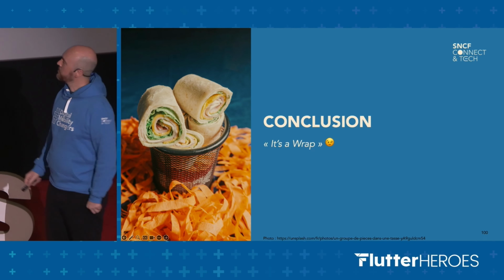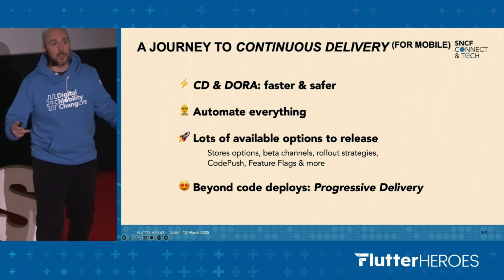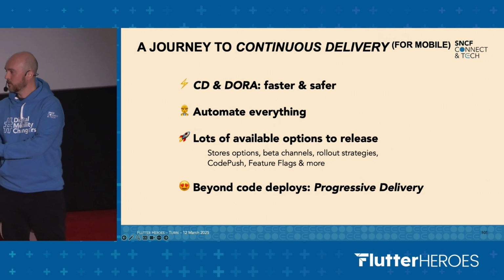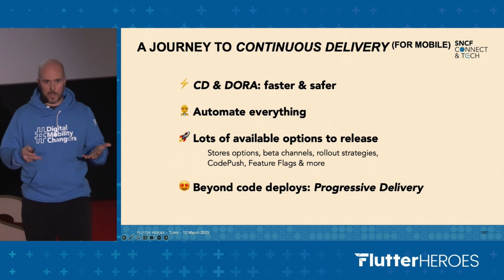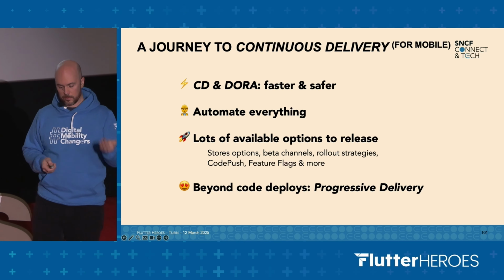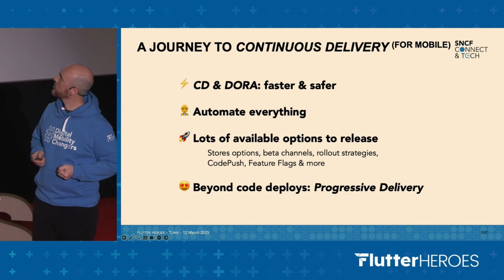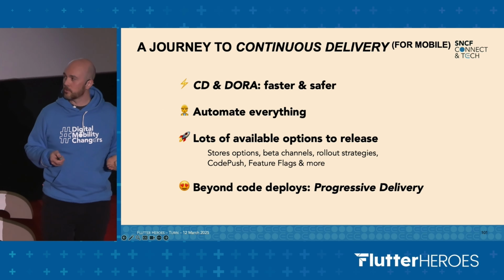It's time to conclude. And at the end of this talk, we would like to remember the continuous delivery and DORA principle, so pushing small increments as often as possible and safely. The DORA metrics, fast and safe, both of us, not choosing one. To do that, you have to automate, obviously, everything.